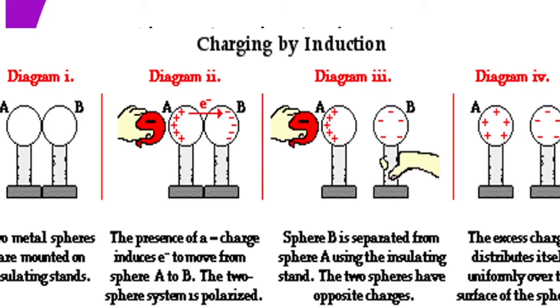They are going to be repelled to the far end of sphere B, and then we are going to separate the two spheres, and then what happens? The charges are going to redistribute themselves, and we are going to have the positively charged particles in sphere A, and in B we are going to have the negatively charged particles.